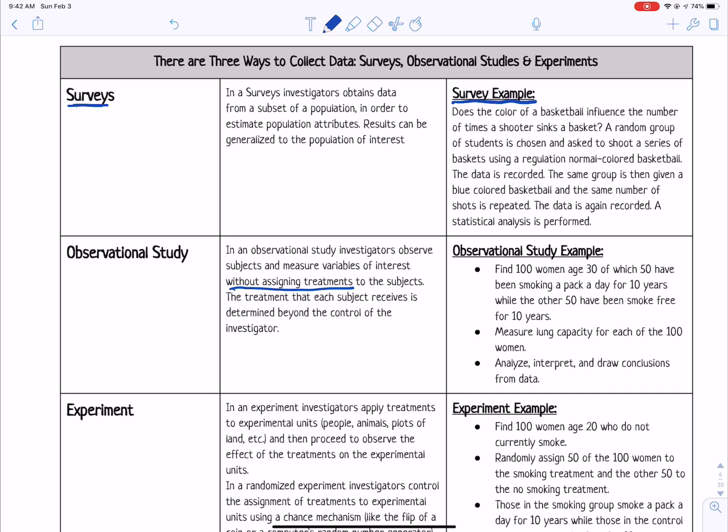Find 100 women aged 30, of which 50 have been smoking a pack a day for 10 years, while the other 50 have been smoke-free for 10 years. Measure lung capacity for each of the 100 women. Analyze, interpret, and draw conclusions from the data. So notice that they have been smoking on their own, that no one made them do that.